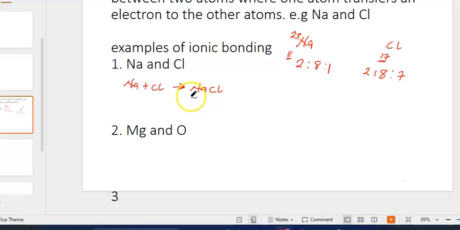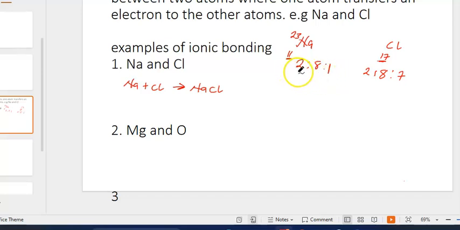So sodium and chlorine are reactants, and sodium chloride is the product. Since ionic bonding is the transferring of electrons, how many electrons are going to be transferred from sodium for it to be stable? Remember, the purpose of losing or gaining electrons is to have a stable atom.